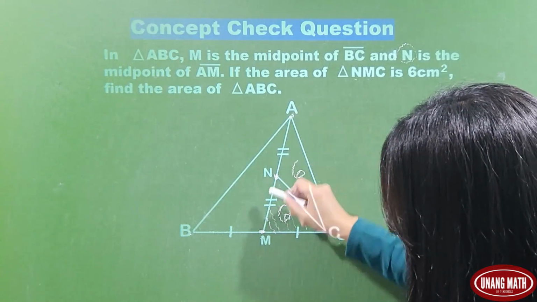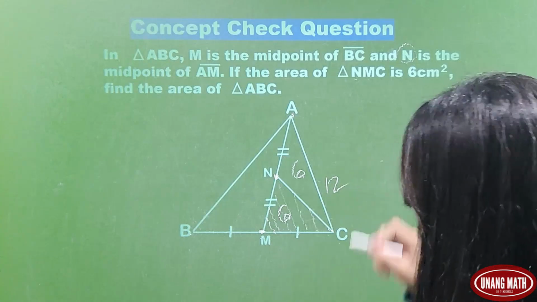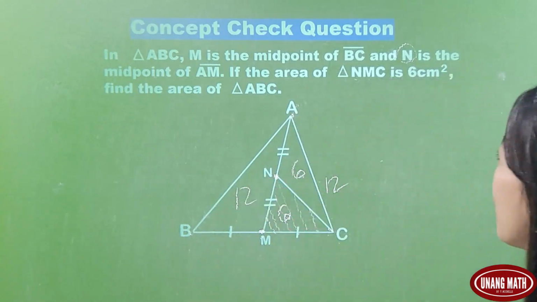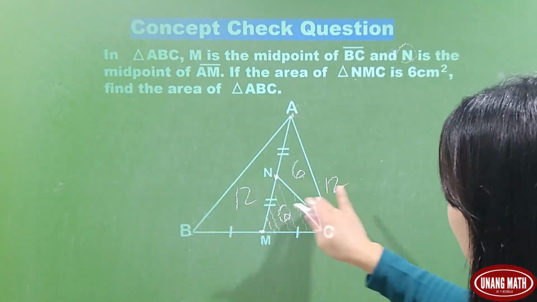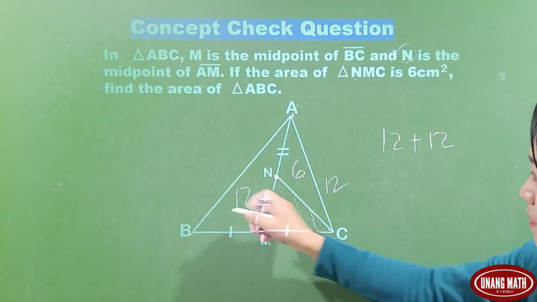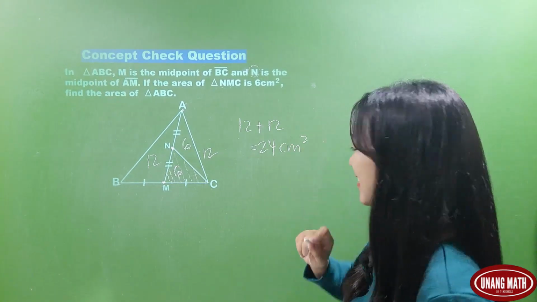Triangle AMC would be 6 plus 6, which is 12. So ABM is also 12. The question is to find the area of triangle ABC. So 12 plus 12, then the area of triangle ABC is 24 square centimeters.